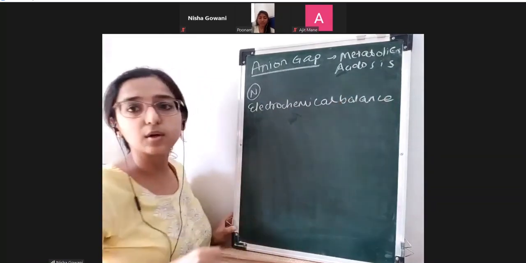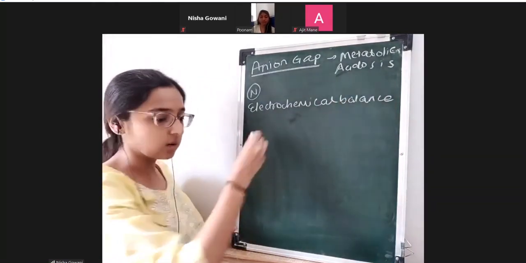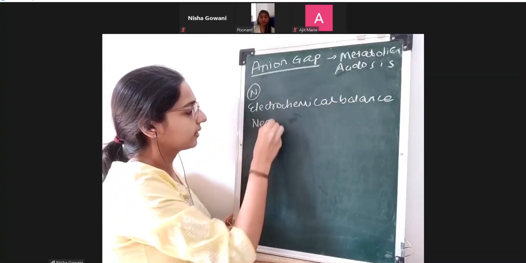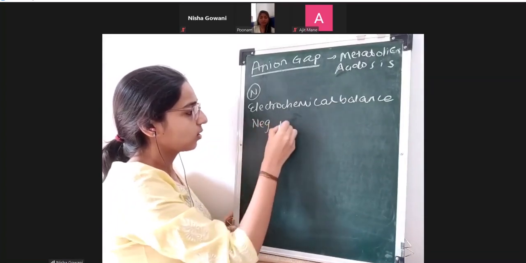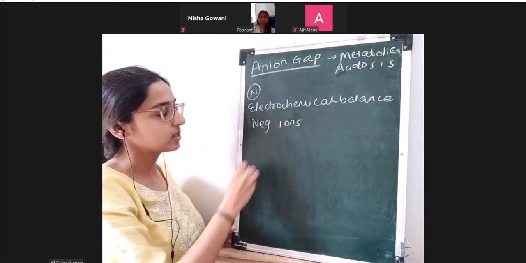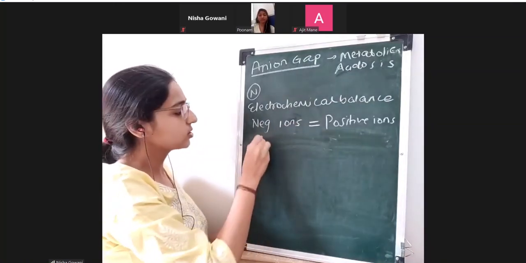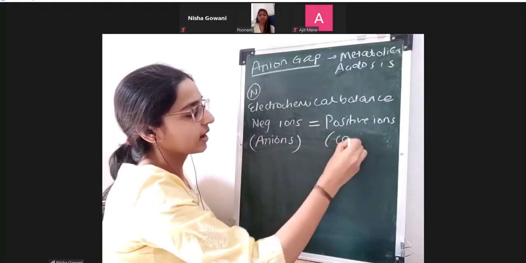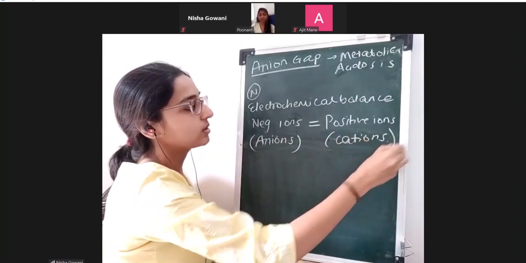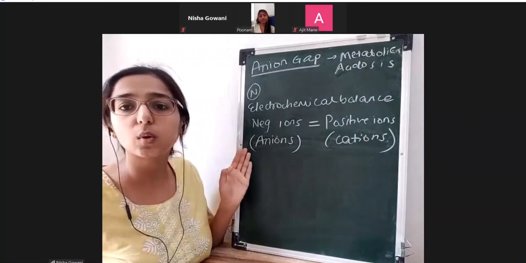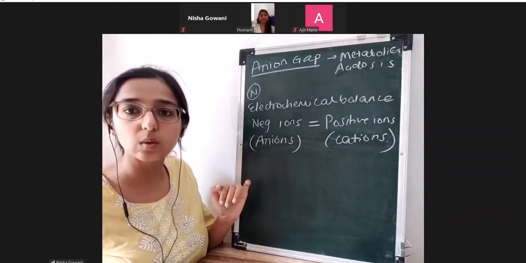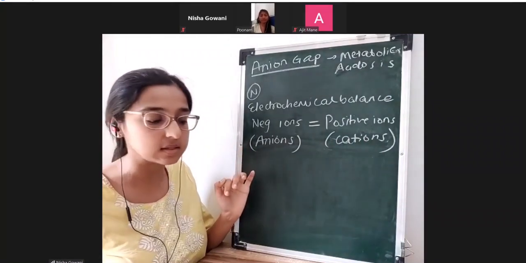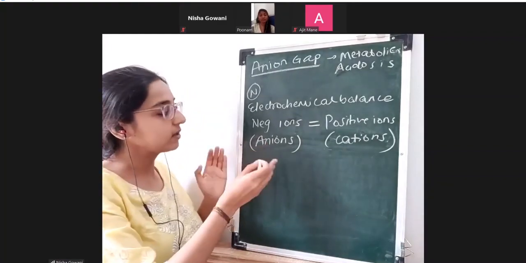So what is the meaning of electrochemical balance? That all the negatively charged ions need to be equal to the positive. Negative are anions, and the positive are cations. The total number of anions should be equal to cations in a normal person. That is electrochemical balance.